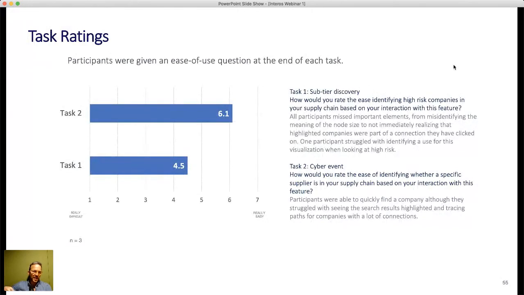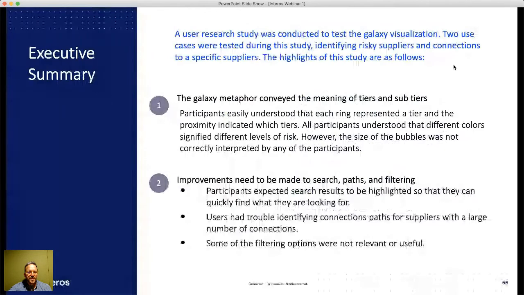In this particular case, we were testing two specific tasks based on the use cases that I showed you before. I don't want to go into all the details of the study, but we have an amazing, also growing, user research team as part of my team, reporting to me. They did this awesome study, and it gave us a lot of insights into the things that were working really well. People were loving the galaxy metaphor and the meaning of tiers.